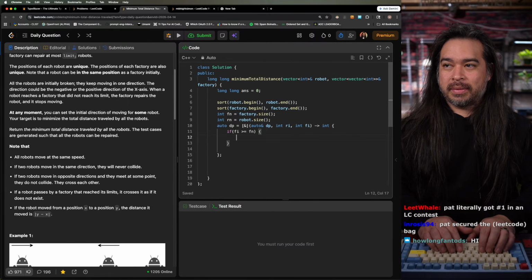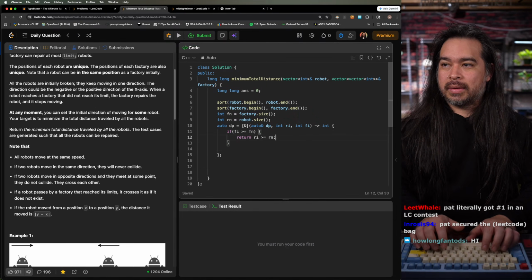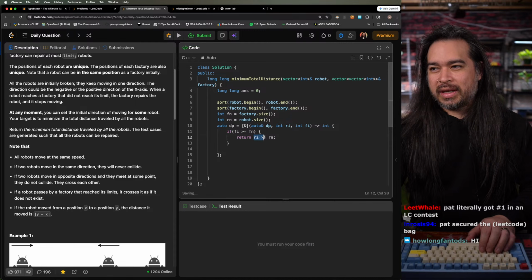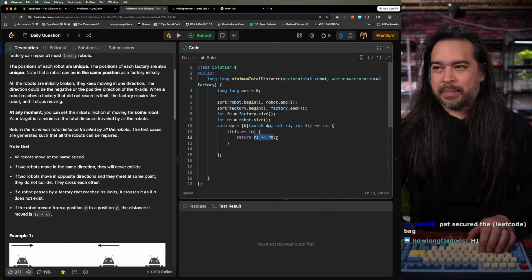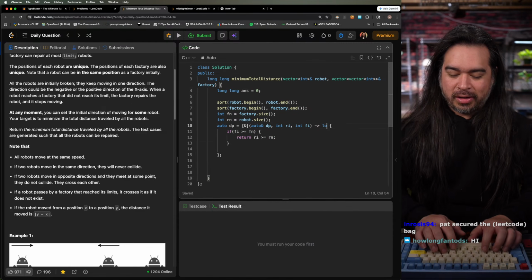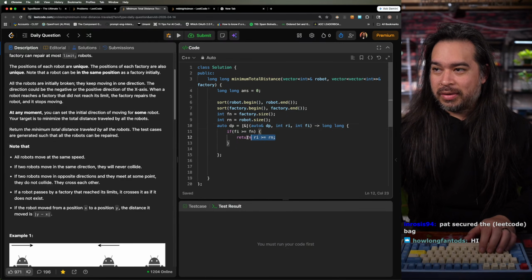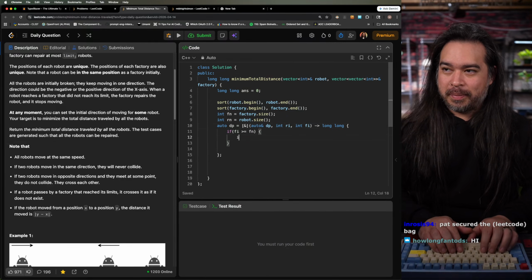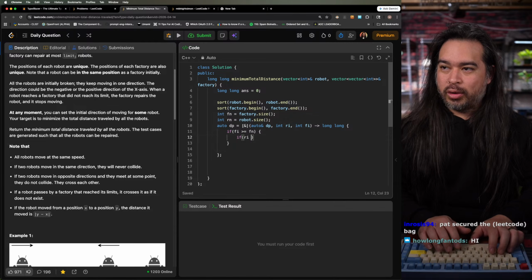So I guess we should return if we selected all the robots. Wait. Actually, this is returning a long. So maybe if the robot I is also finished.